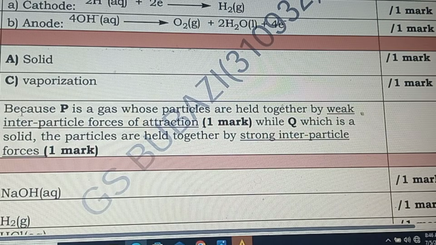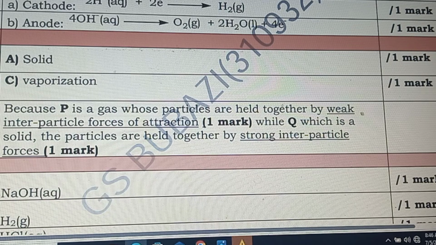Because P is a gas whose particles are held together by weak interparticle forces of attraction, while Q is a solid whose particles are held together by strong interparticle forces.